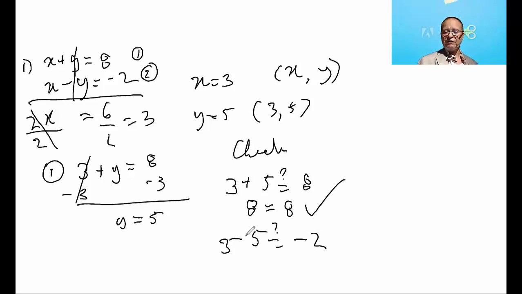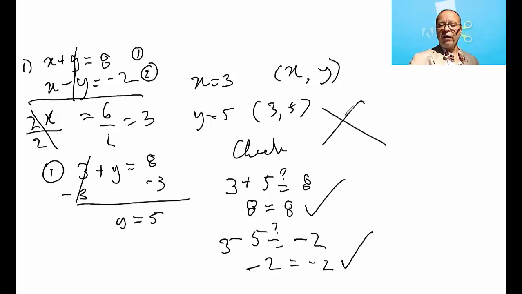Well, it turns out that 3 minus 5 is indeed negative 2, so that means that's correct. So therefore, that is the coordinate that both of these equations have in common, or where their lines intersect at that point.